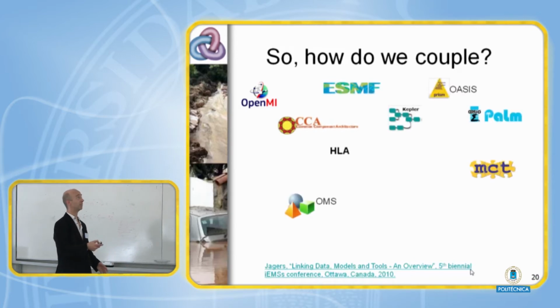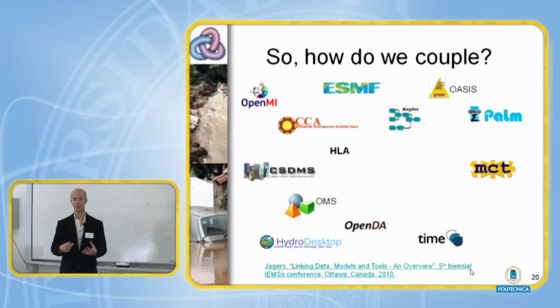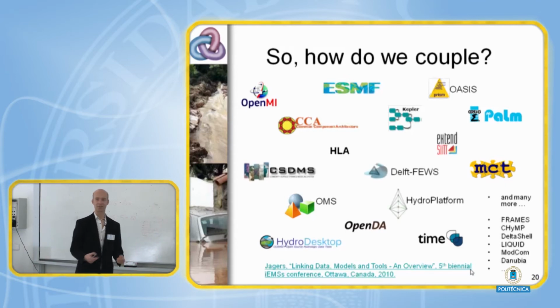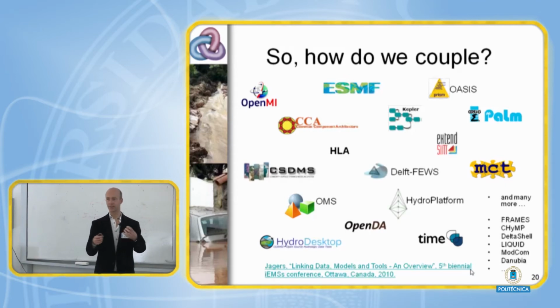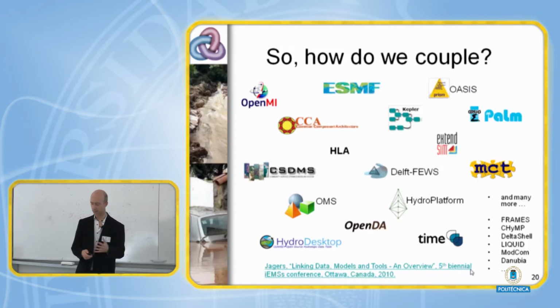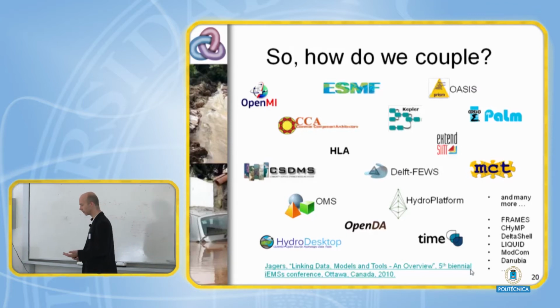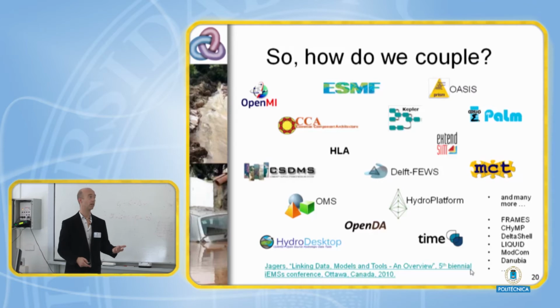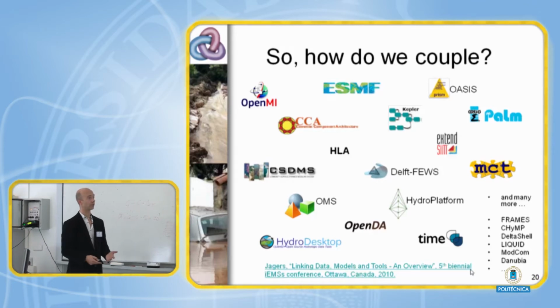So this is a little bit like the community-driven standard. There are lots of communities, and we are still struggling to align the core elements in these different coupling platforms, and more and more these things become alike. And the core elements of OpenMI that I'm going to talk about, you see appearing in other frameworks as well.